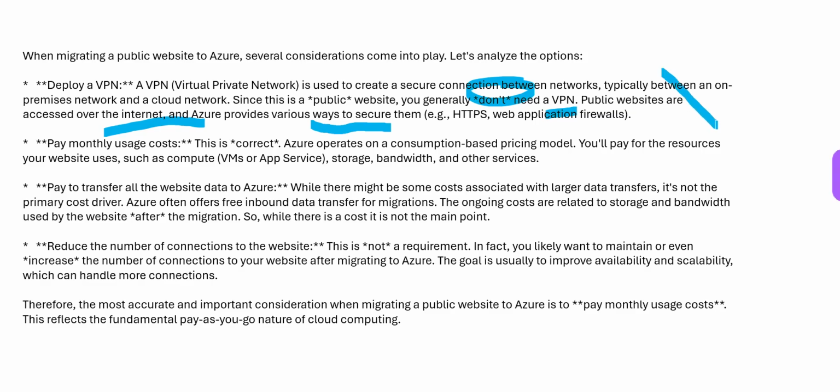So that's why this is wrong. So pay monthly cost, this is correct because once you are out and you are using Azure hardware, you will get monthly bills. So you pay for the resources such as website and so on. This you have to do.